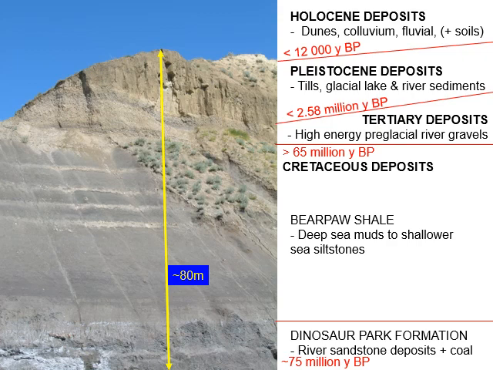So here you see some of the Cretaceous deposits that you find if you, for example, take a float in the river on a nice sunny summer day.